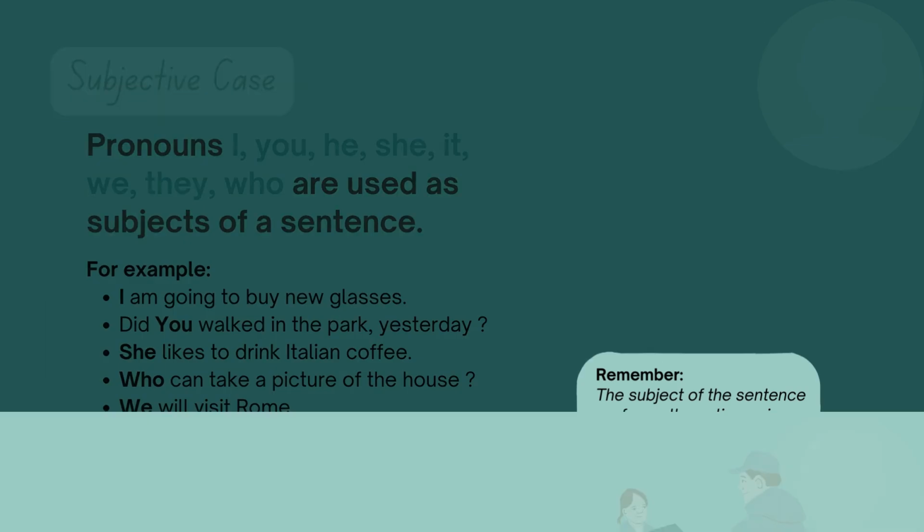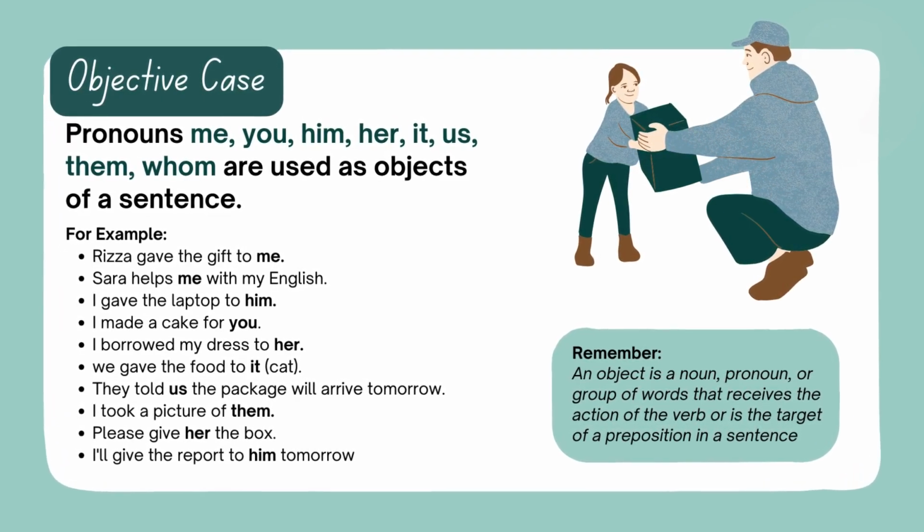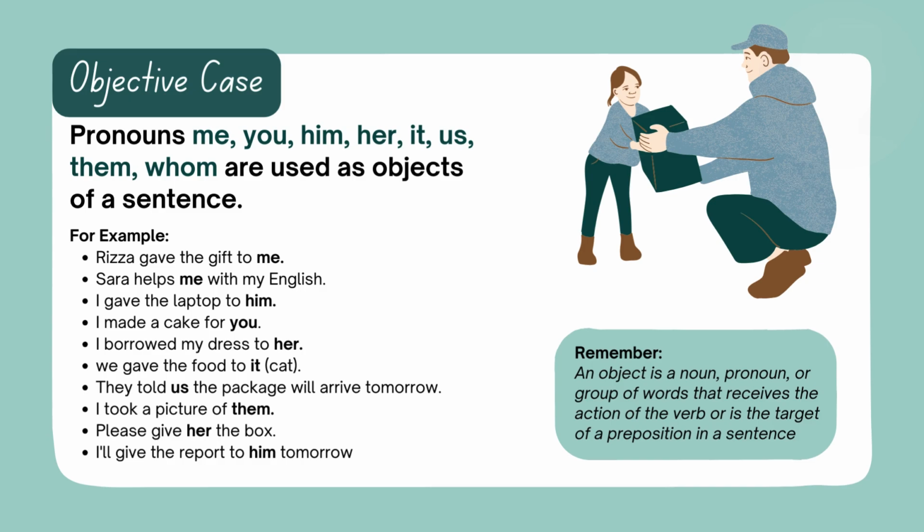Moving forward. The objective pronouns. Now, these are words like me, you, him, her, it, us, them, and whom. They are used as the object of the sentence, so you will find them somewhere at the middle or towards the tail end of the sentences.